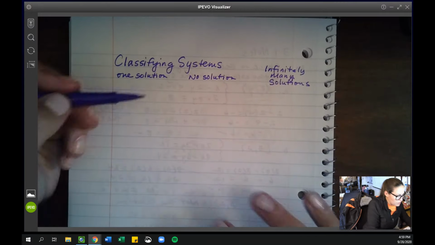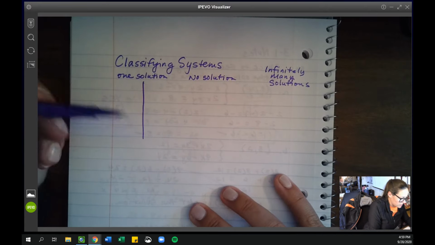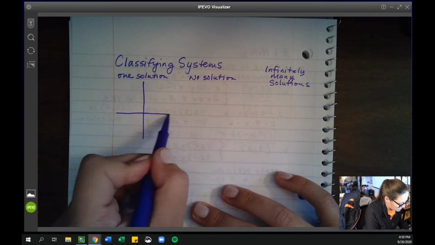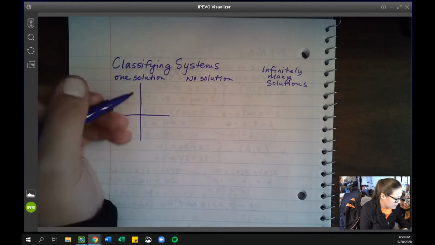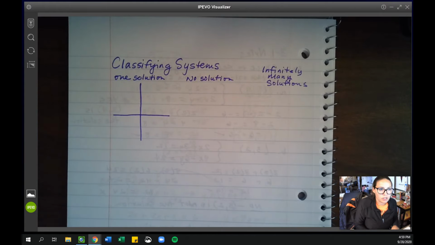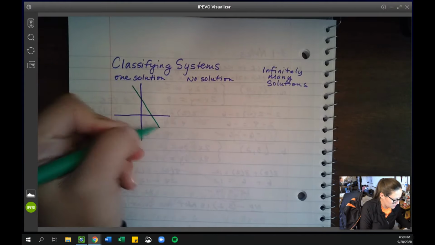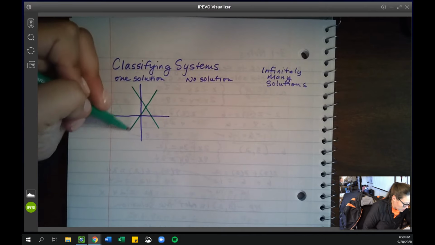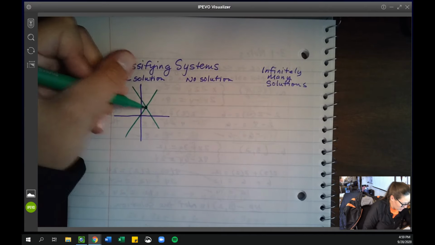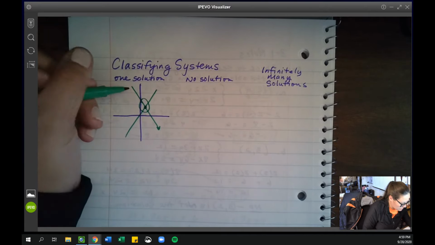Okay, so all the systems that we've looked at so far have had one solution. And that just means that we have 2 lines that intersect each other at some point, and there's our solution right there.